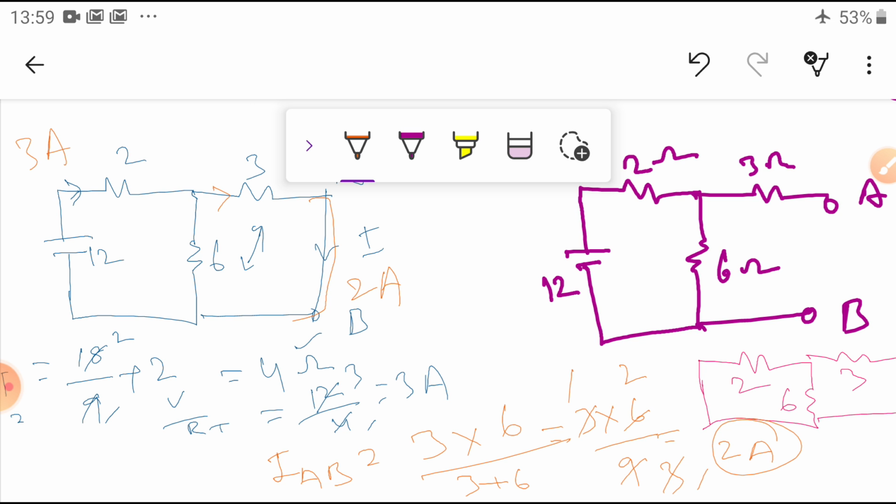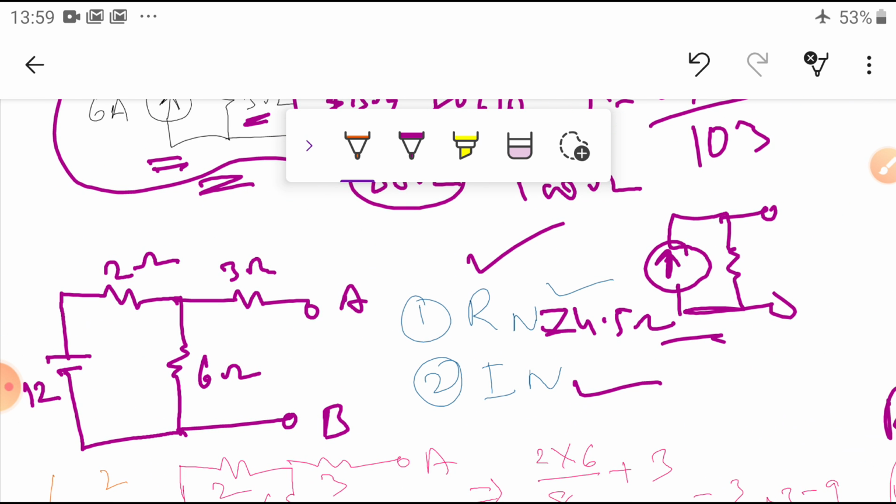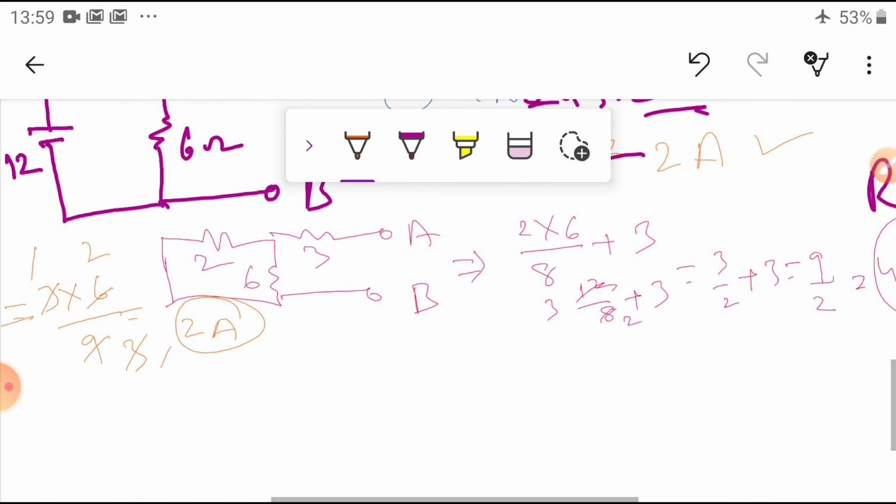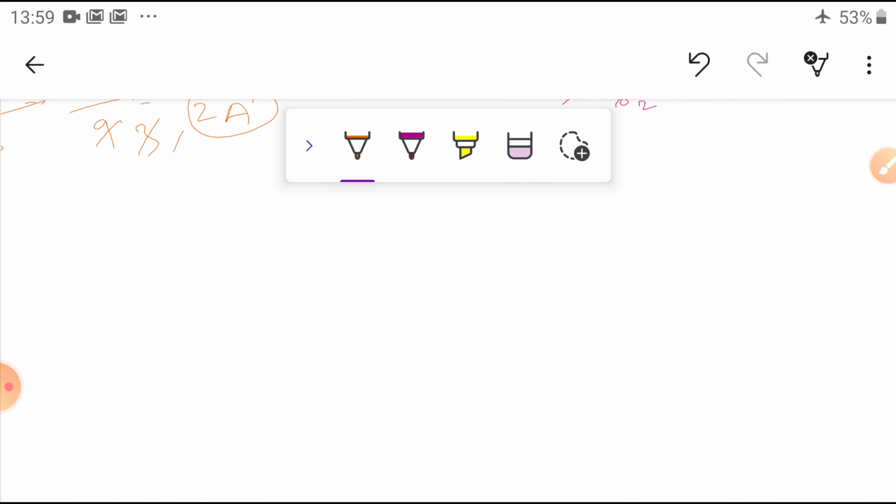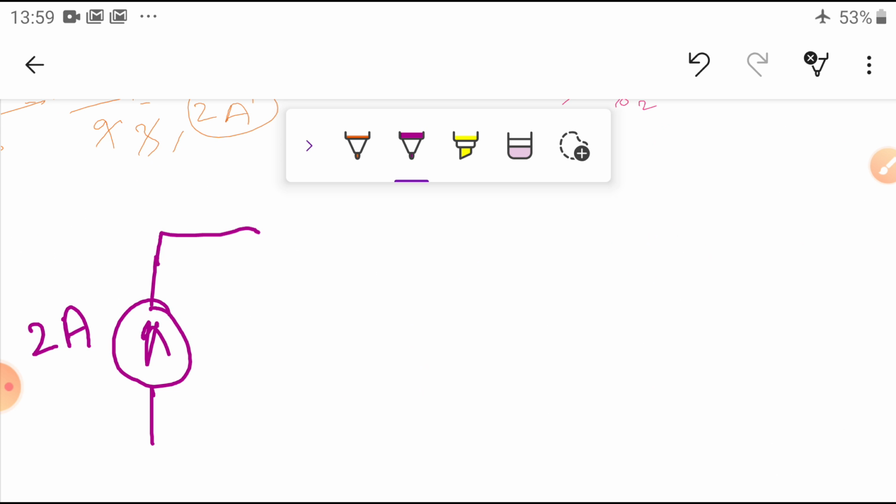So that means here we got it, this is also 2 amperes. So the equivalent resistance is 4.5 ohms and the current is 2 amps. So we can represent this with a simple source. This is called a current source, 2 amperes, with the resistance 4.5 ohms in parallel.